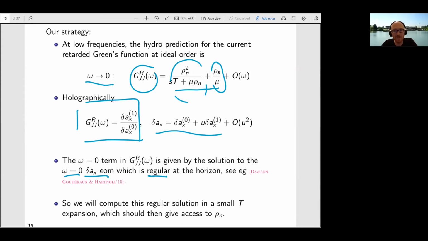The one which is singular is typically related to dissipative coefficients, so that's not the one I want. I want the one which is regular. So we'll solve the delta A_x equation of motion at zero frequency, and we'll look for the regular solution. Since we want to focus on the low temperature behavior, we'll compute this regular solution in a small temperature expansion. And this will give us access to the normal density. So that's the strategy.